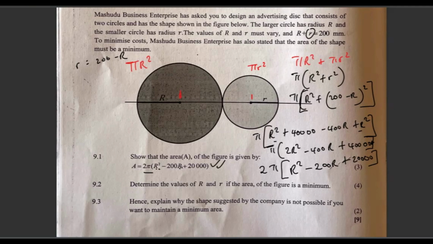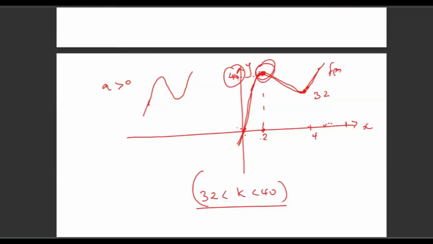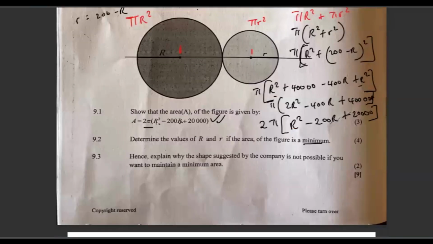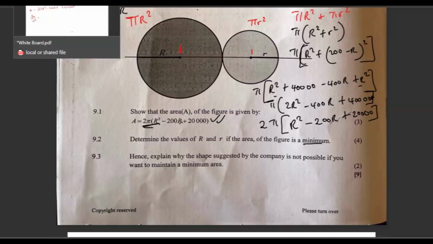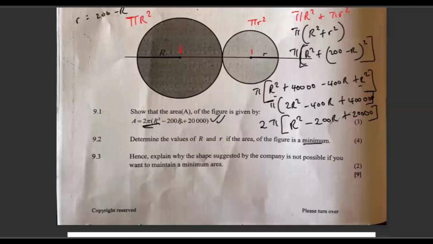Beautiful. Okay. Then determine the values of R and r if the area is to be minimum. So whether the area is minimum or maximum, we have to do the derivatives. We said it is 2 pi R squared minus 400 pi R plus 40,000 pi.